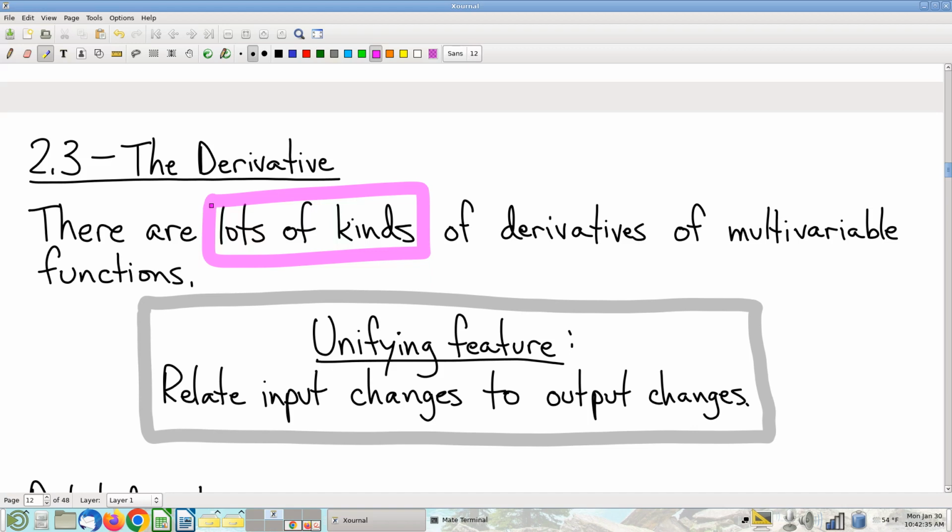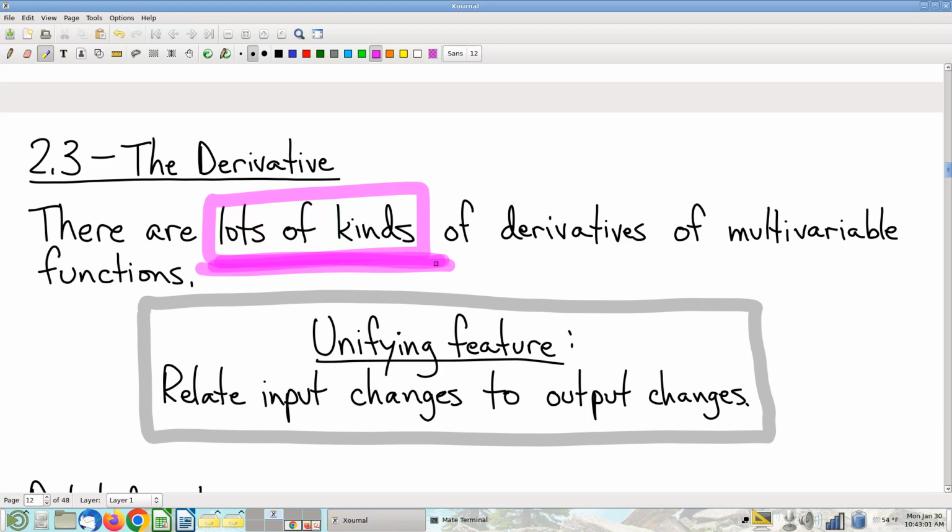In single variable calculus, there's the derivative. End of story. Right? And I guess you could say there's like a second derivative, third derivative, but that's really just the derivative of the derivative. So morally, there's only one kind of derivative in single variable calculus. In multivariable calculus, there are several.